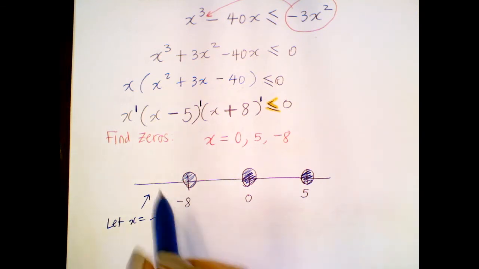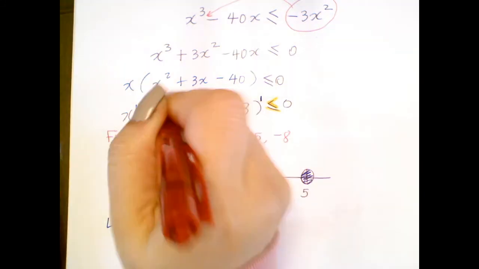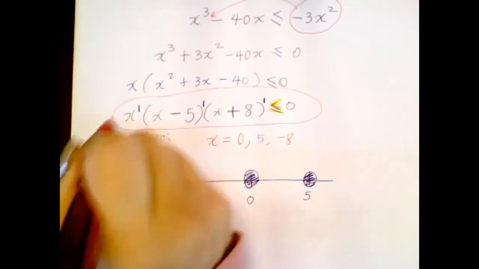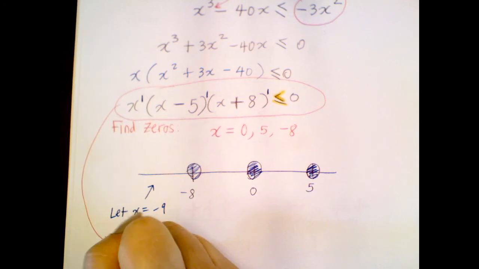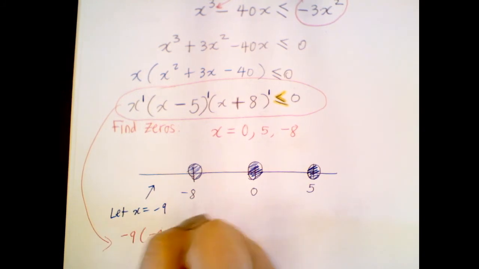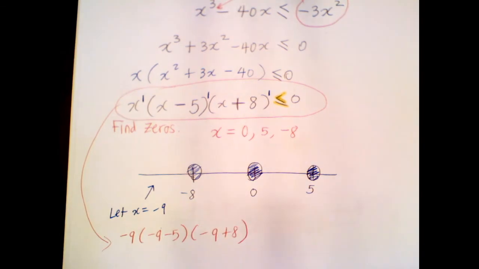You're wondering, where should I plug this in? It really shouldn't matter, but I'm going to plug it in here because I'm trying to get the sign. That will be negative 9 times negative 9 minus 5 and negative 9 plus 8. I want to get the sign of this.